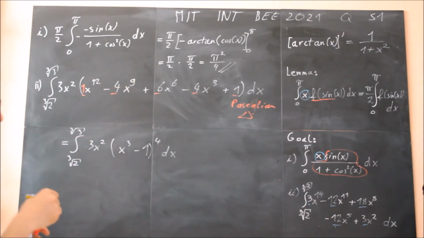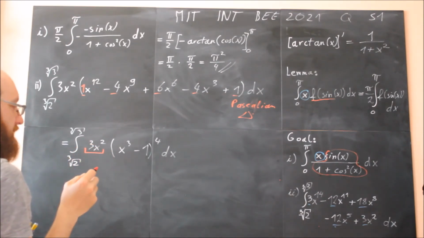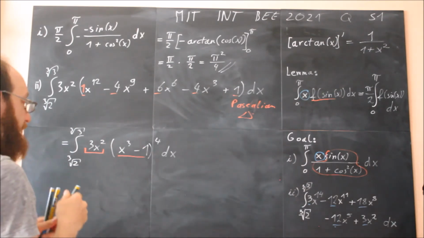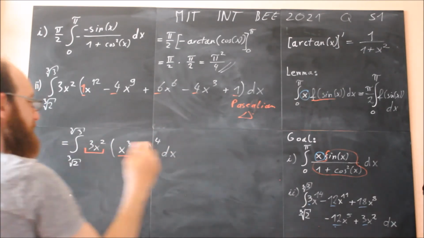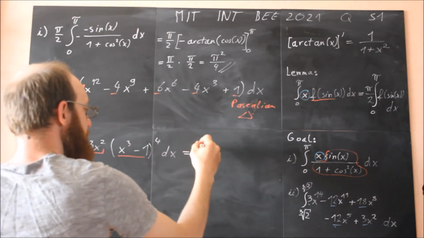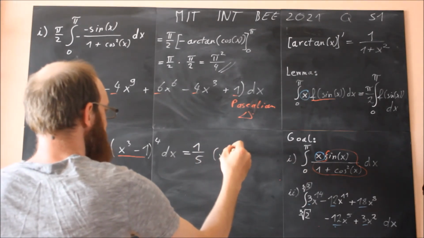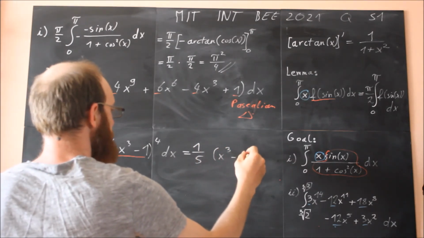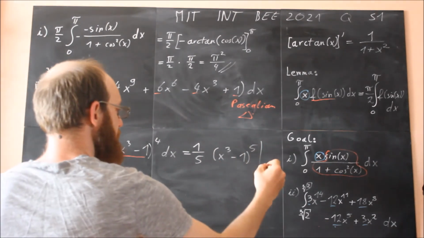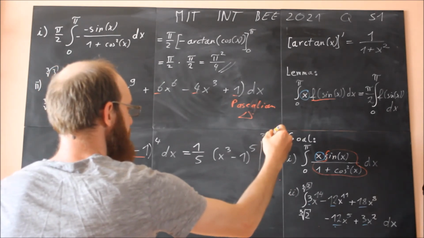And now what we immediately see, this part is the derivative of this part, so we can nicely integrate this. So the new exponent is 5, so we get 1 over 5 times x cubed minus 1 to the power 5 from cube root 2 to cube root 3.